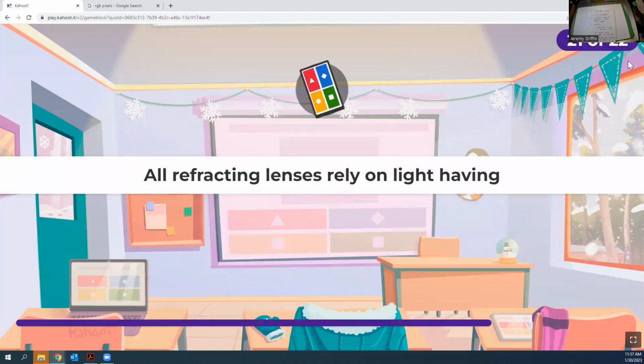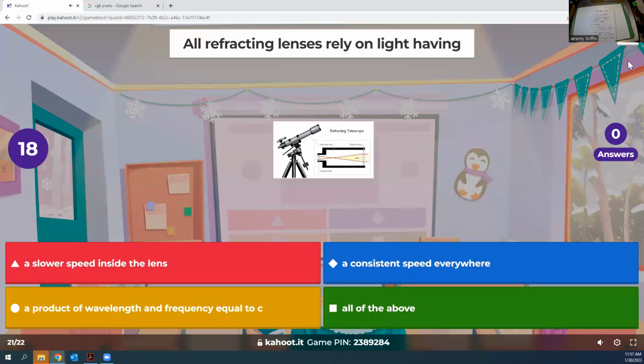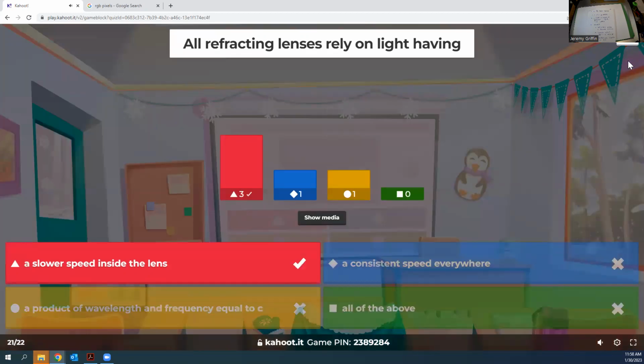All refracting lenses rely on light having a what? Yeah, there you go. It has to have a slower speed inside the lens.